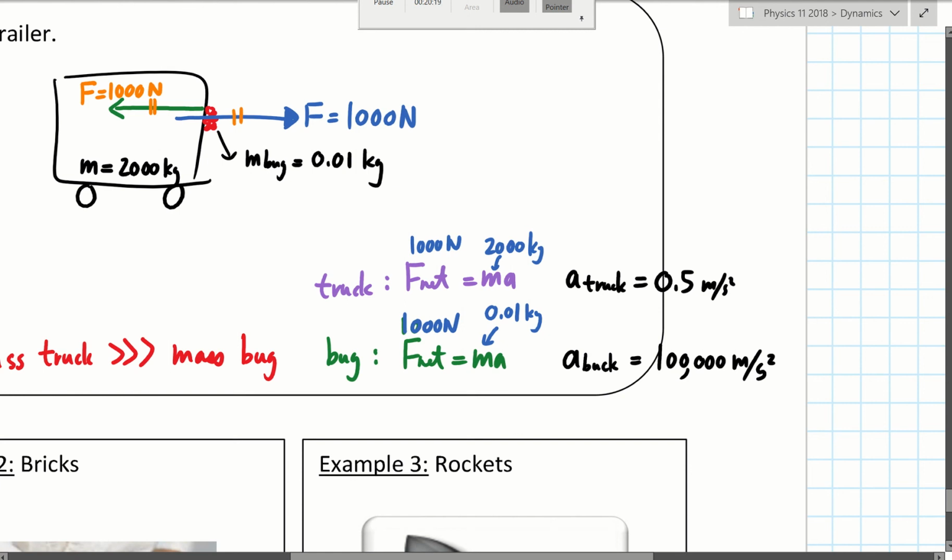For example, an elephant is charging toward you. So you against the elephant, you lose. Your acceleration is going to be greater than the elephant's. So the elephant barely slows down, and you bounce off really quickly. But if the elephant is going up against a killer whale, walking killer whales, I guess, then the killer whale is going to win. The elephant's going to bounce off. So it depends on the mass of the object.